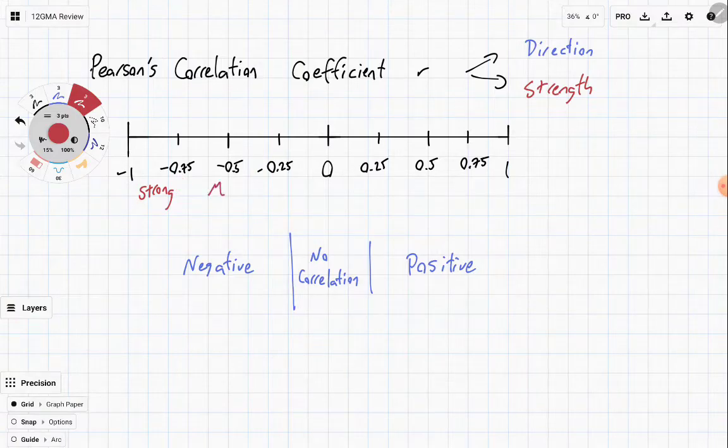And it's weak or no correlation when it gets near to 0. And same thing for the negative side: strong, then moderate. So the strong region is between 0.75 and 1.